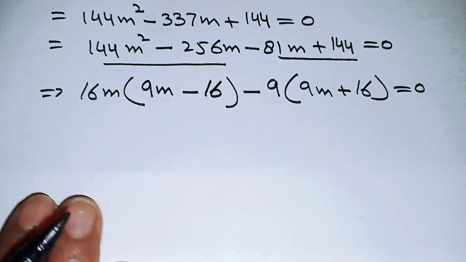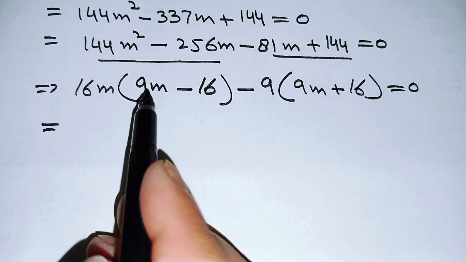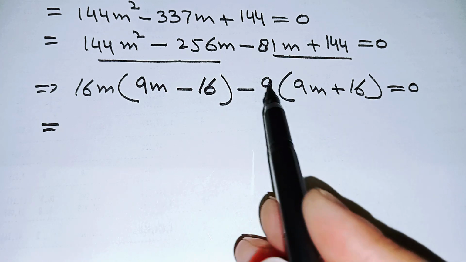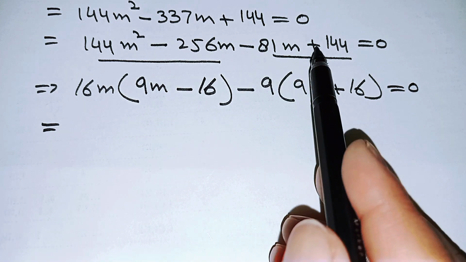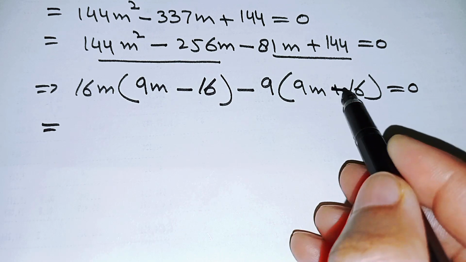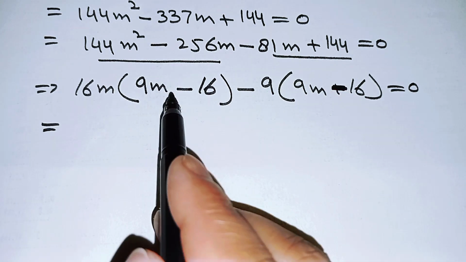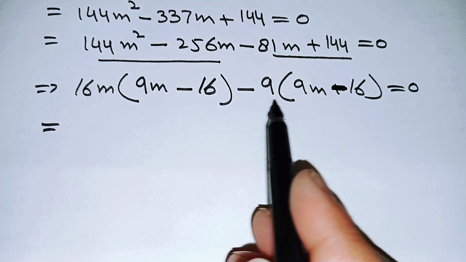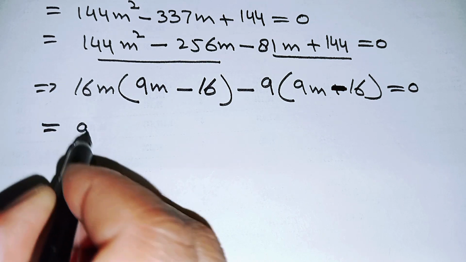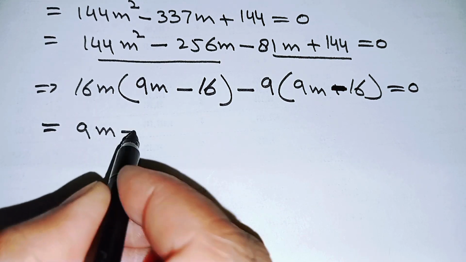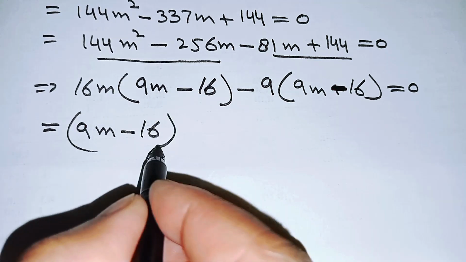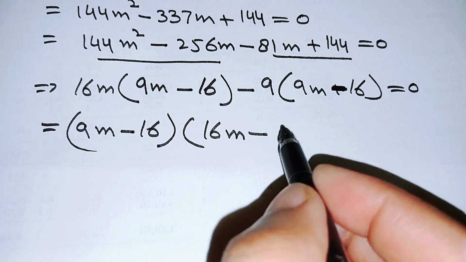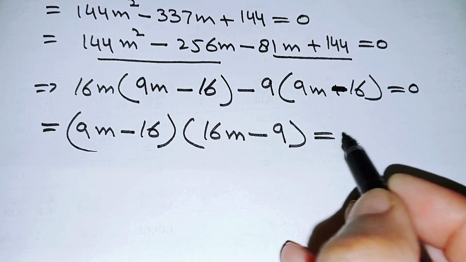And so this 9m minus 16 and this 9m minus 16 is common, so we can be written as 9m minus 16 and this 16m minus this 9 and is equal to 0.